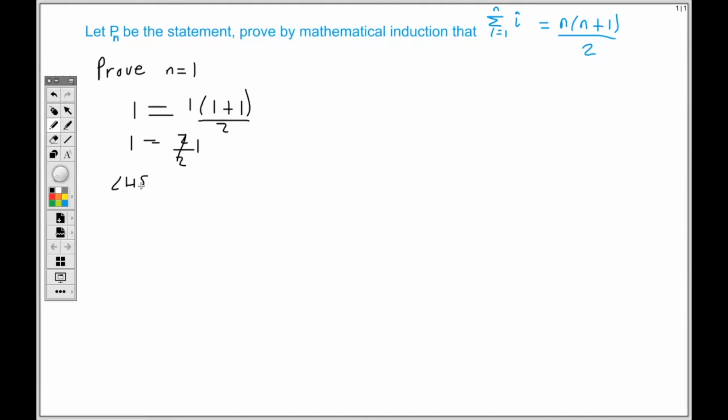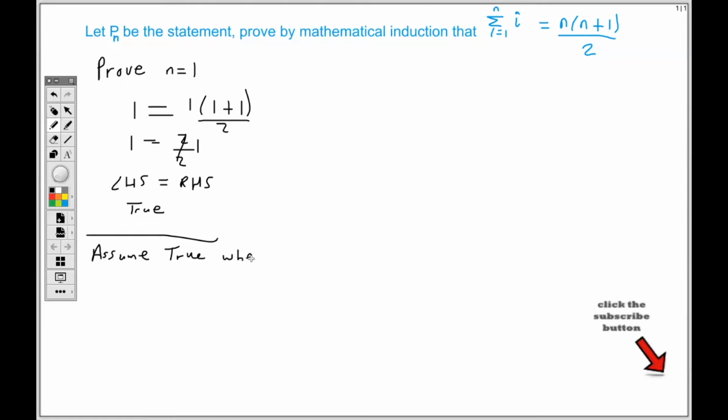So we have proven that at n equals 1, the left-hand side is the same as the right-hand side. Since the left is the same as the right, it is therefore true when n is 1.